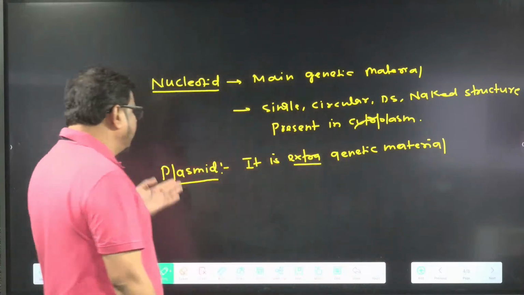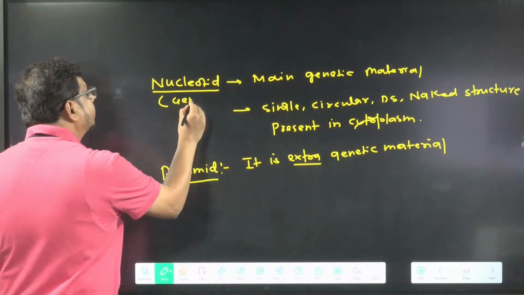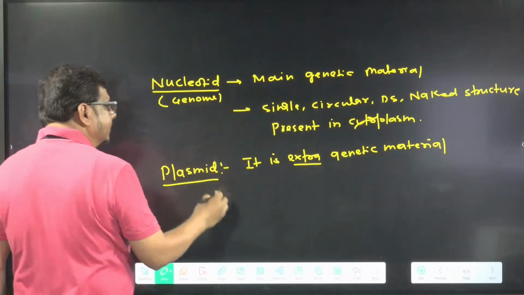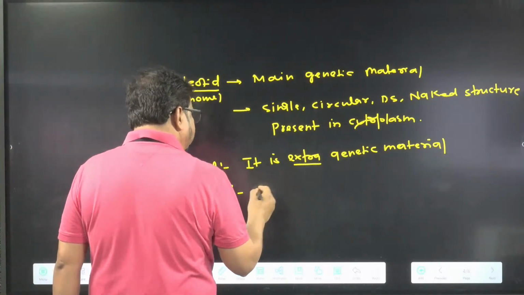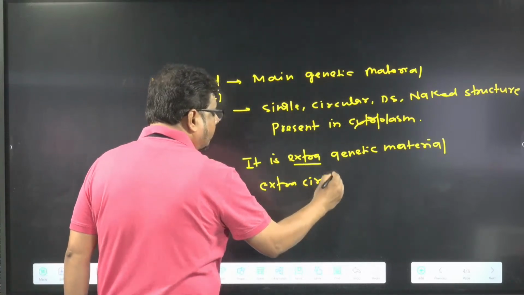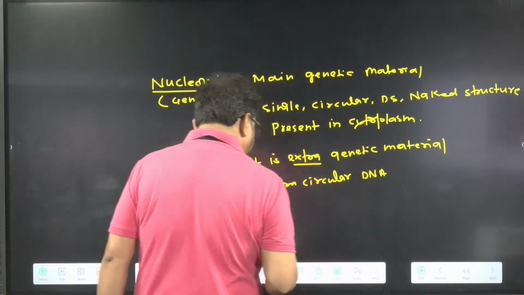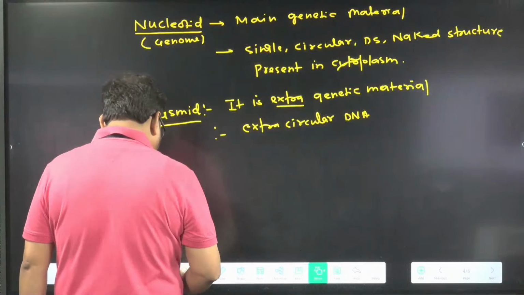A plasmid is not called genomic DNA. Nucleoid is called genome. So you can say plasmid is extra-chromosomal, extra-circular DNA. Getting the things or not?